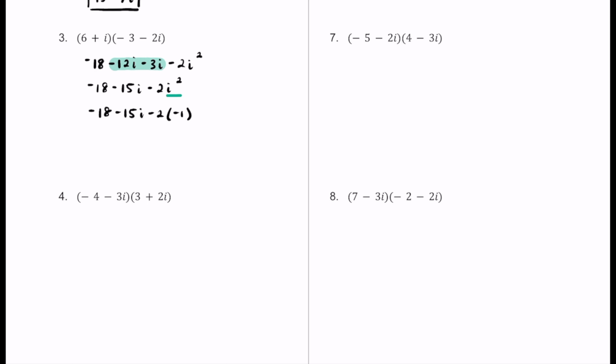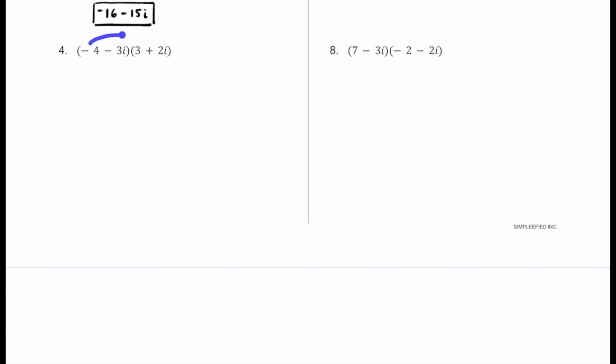That's positive 2. So we have -18 minus 15i and then plus 2. Let's combine that -18 and positive 2 to make -16. So we have -16 minus 15i. And this right here would be the standard form for a complex number where a is -16 and b is -15.